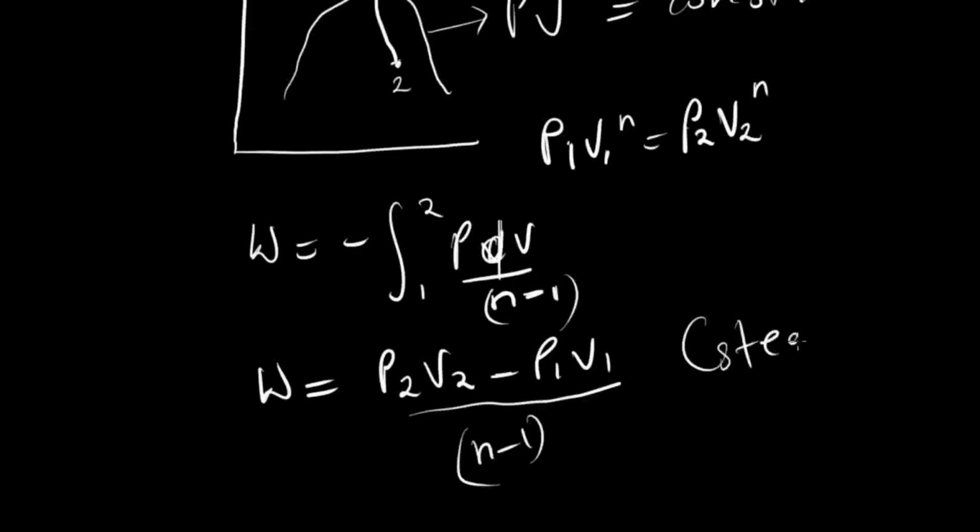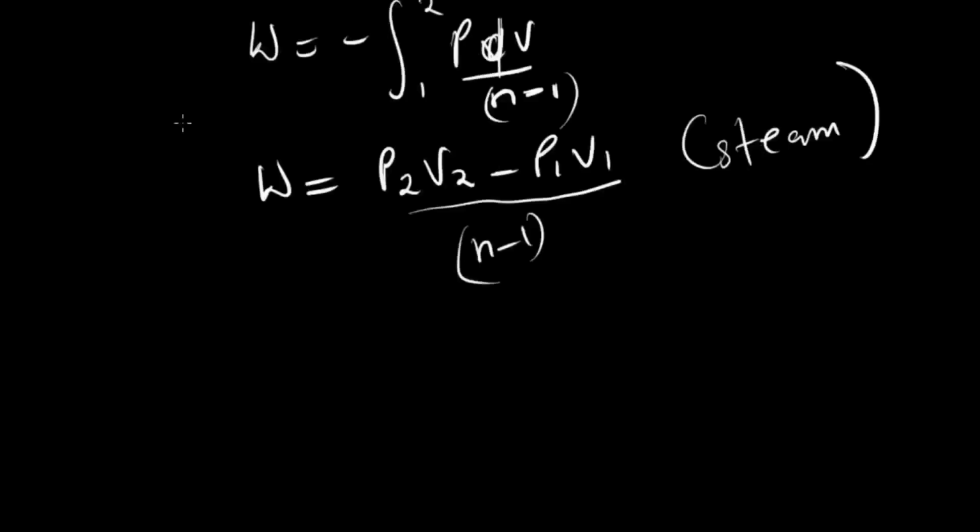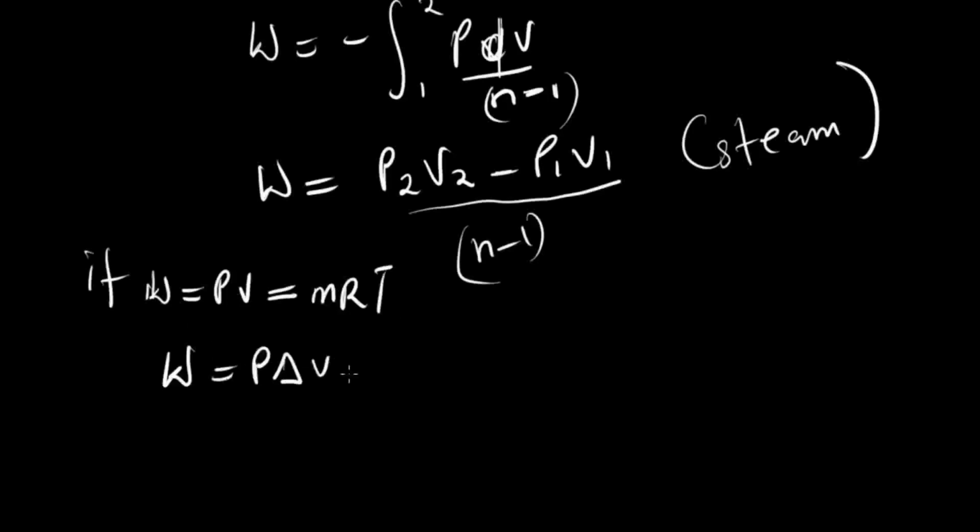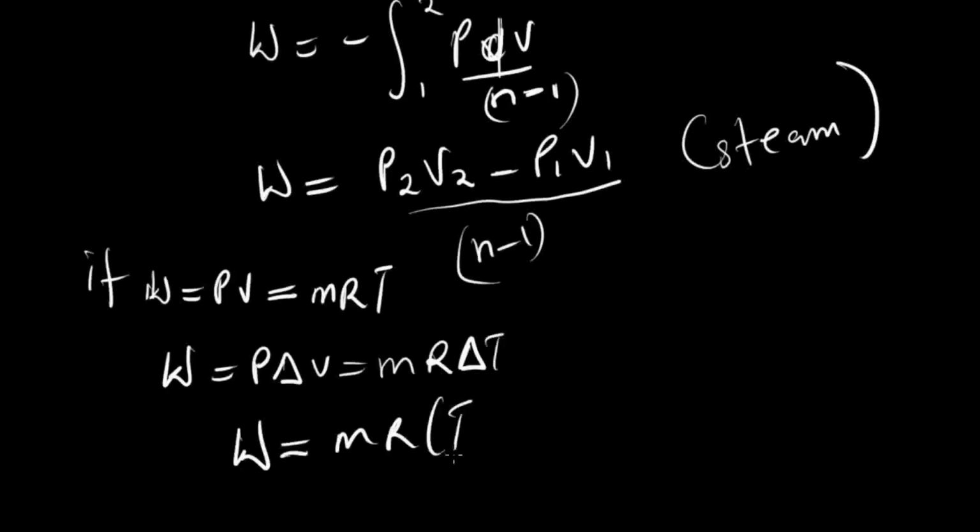This is for steam, and you know that if W is equal to P change in V, PV is equal to what? mRT. So W being equal to P change in V will be mR change in T. So hence W will be equal to mR (T2 minus T1) all over n minus 1.